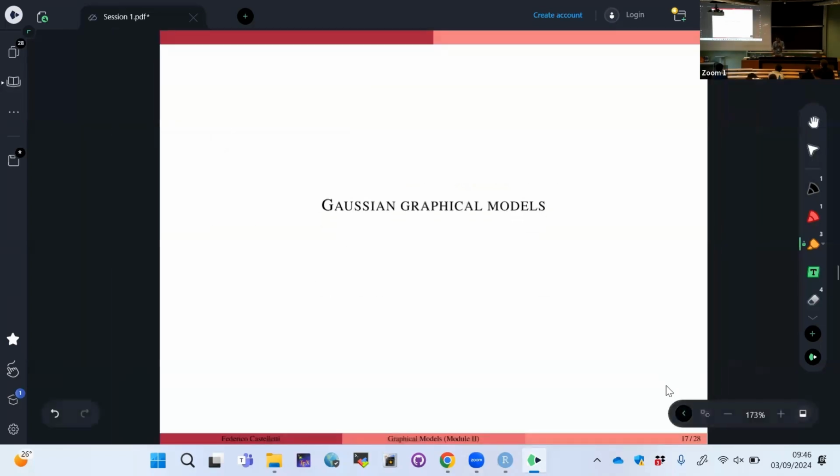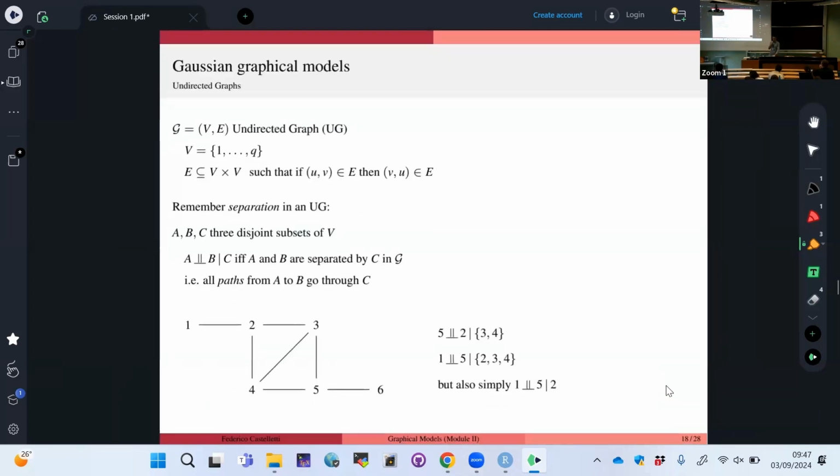Okay. So now we would like to extend, or at least to start by extending, these results to graphical models. Okay, so from standard multivariate normal and normal linear regression to Gaussian graphical models. And we will consider both the case of an undirected graph and the case of a directed graph.